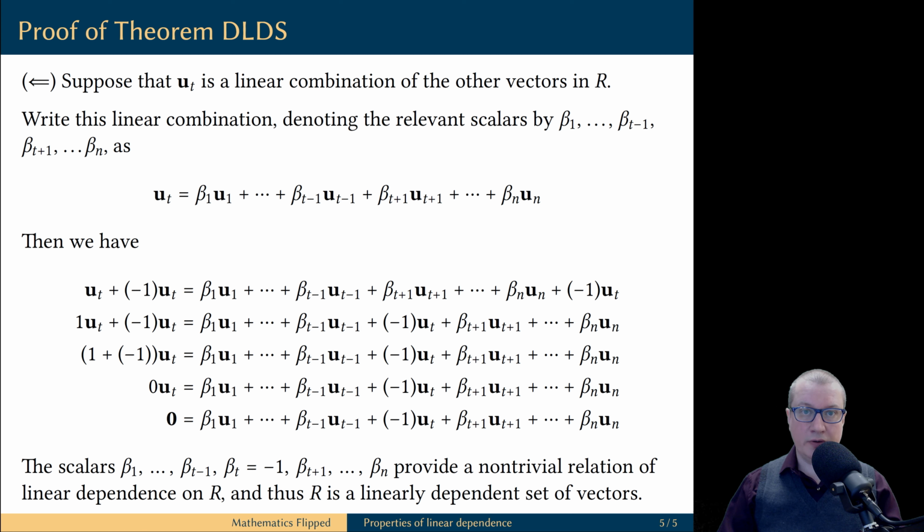Do you see which scalar is non-zero? It is the scalar beta t, because it is equal to -1. For sure, -1 is not equal to 0. So this means the vectors in the set R are linearly dependent, because we have found at least one non-trivial relation of linear dependence.